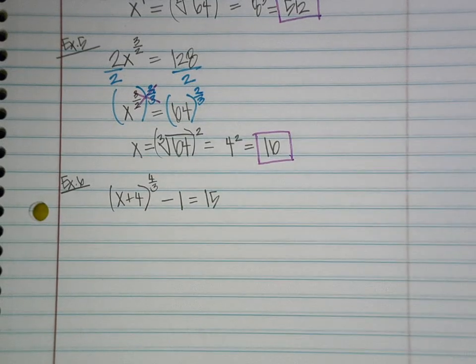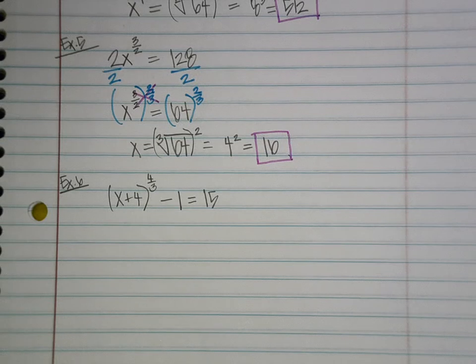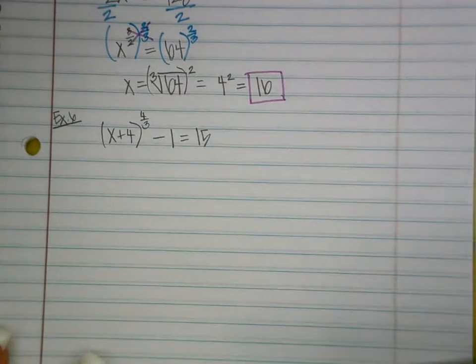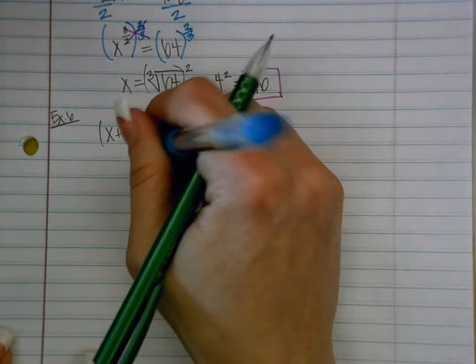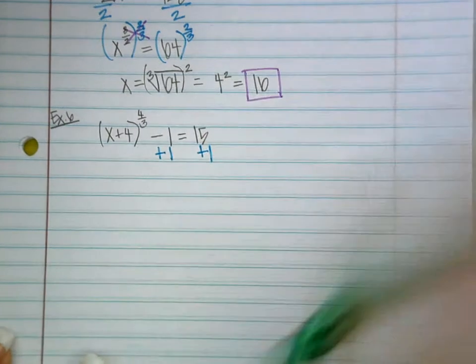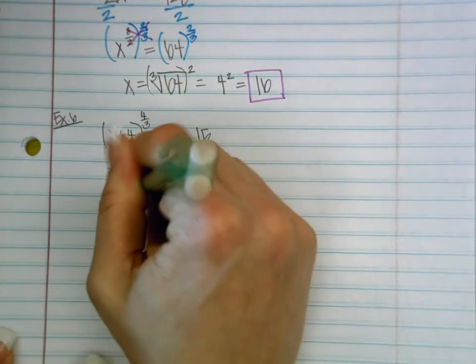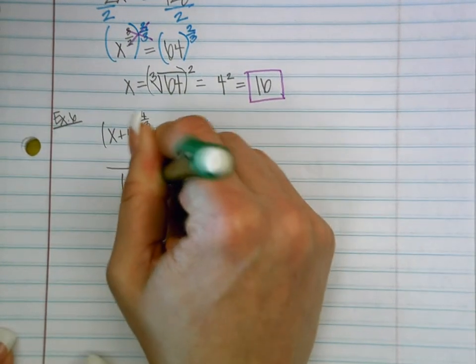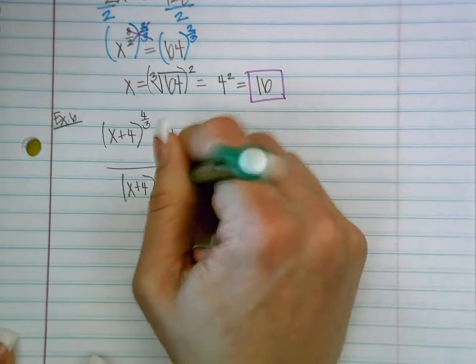Any ideas where we'd start? Add 1, right. Start by adding 1. We have x plus 4 to the 4/3 power equals 15 and 1 is 16.